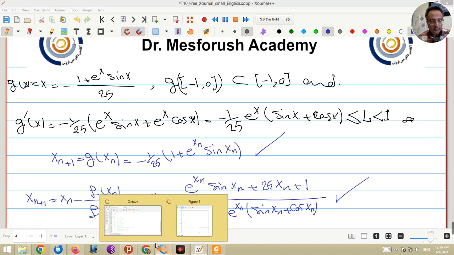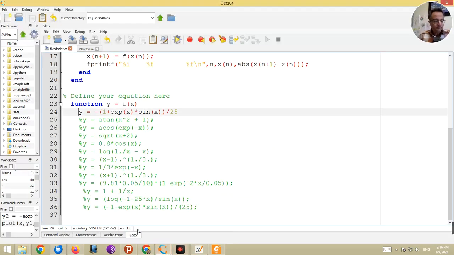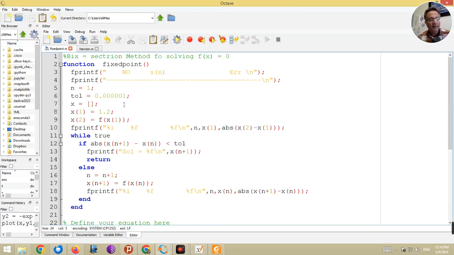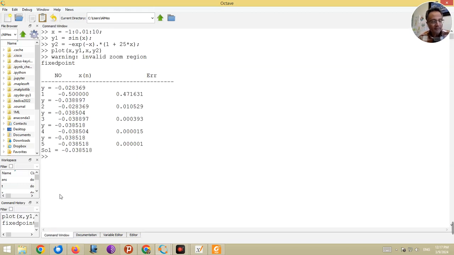Let me go back to the program here, and now you can see here minus 1 plus exponential of x times sine of x over 25. And let me start with a number, for example, minus 0.5, a number in the interval minus 1 and 0. Let me save and run by pressing F5.